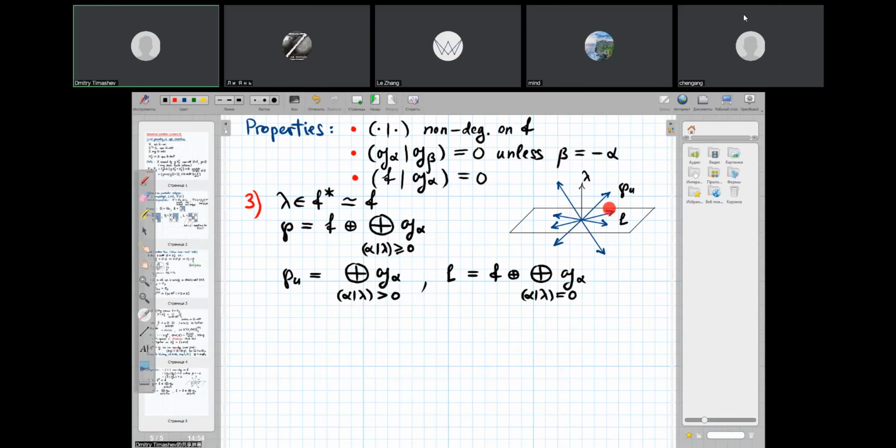Then these four roots will be positive, and these four roots will be negative. And some positive roots belong to the Levi subgroup. Also, the negatives of them belong to the Levi subgroup. But all roots belonging to P_U are, of course, positive. So this is the visualization of this decomposition.